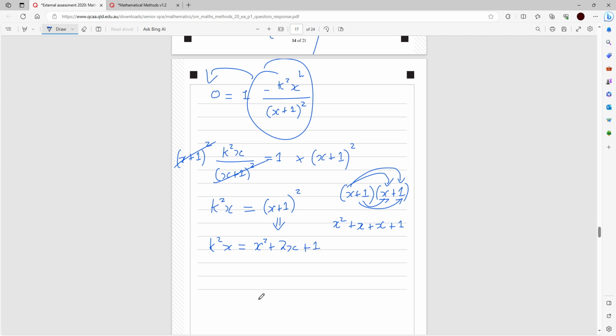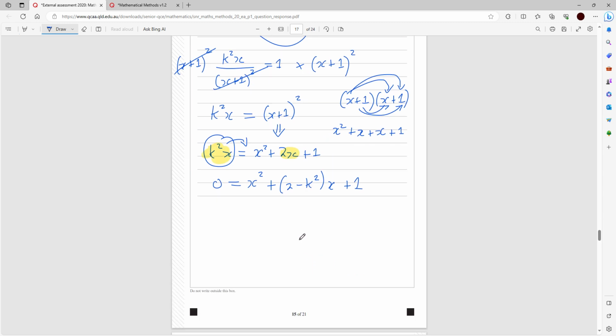Okay? So I'm going to move this guy over to here now. So I have 0 is equal to x squared. Now notice this is a like term with that. So we can factor out an x and have plus 2 minus k squared, x plus 1. Okay? So all I did was move the k squared x onto the other side. And that gave me that expression there.